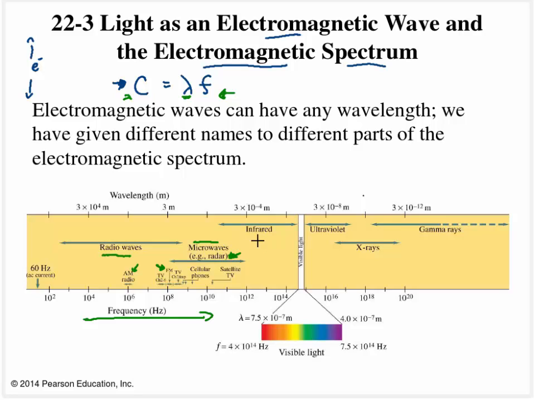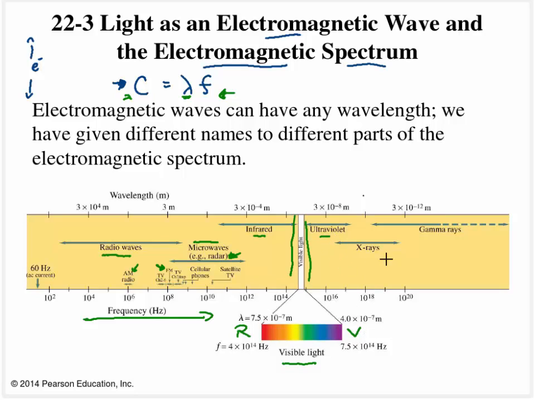Increase the frequency to infrared, which really means below red. This little sliver right here is the section that we can actually see. This is the spectrum of visible light, going from about 700 nanometers down to 400 nanometers, essentially doing the old Roy G. Biv, where red is the low frequencies and violet is the higher frequencies.